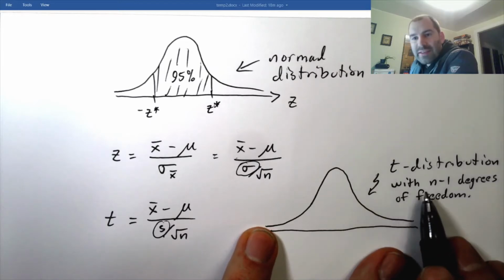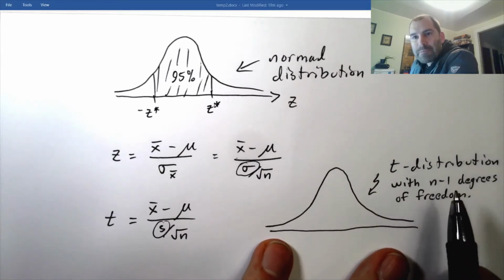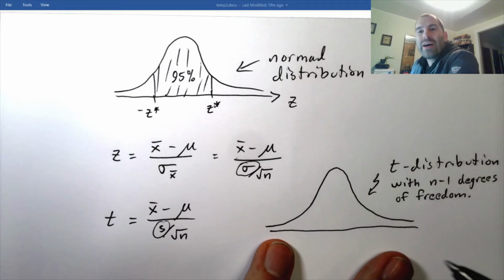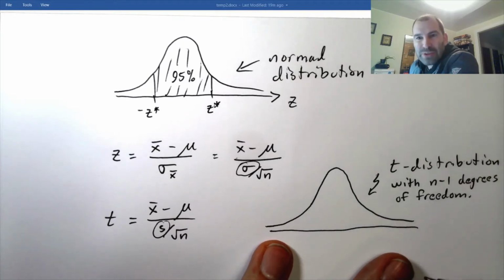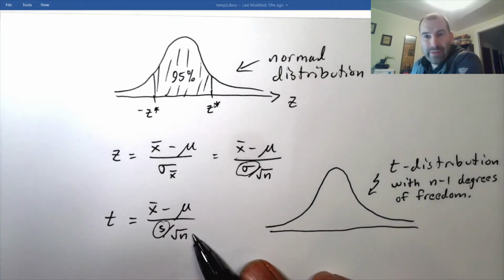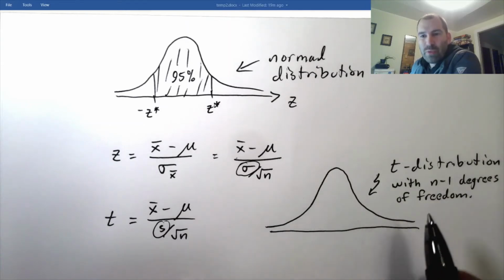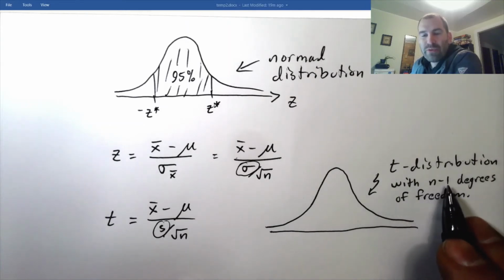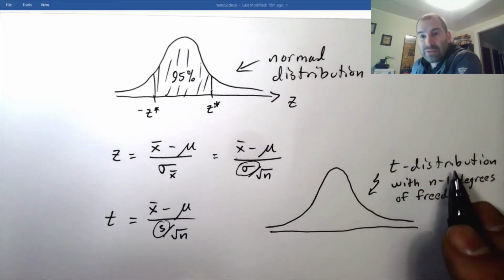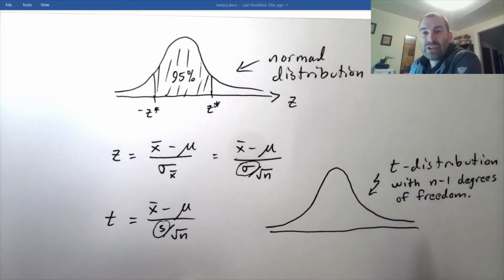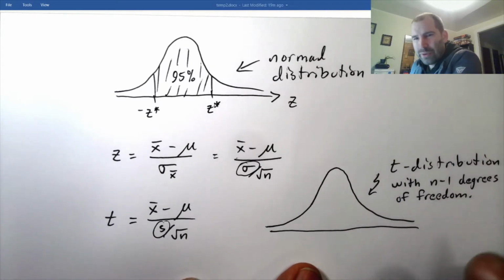You see, this is a statement about the type of t distribution. It turns out that there are different types of t distributions depending on the value of n. So you subtract 1 from n, and that determines the degrees of freedom, and that determines which t distribution you're looking at. We'll see more about this in detail a little bit later. If you find that a little confusing, we'll see how to deal with that later.